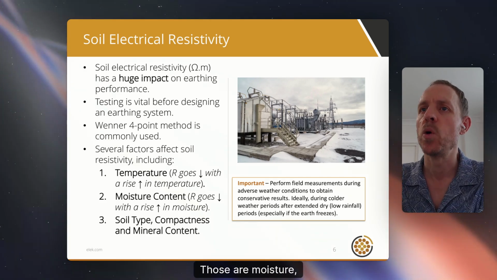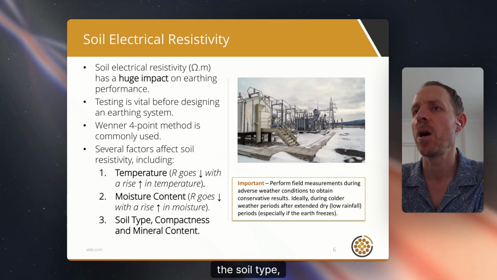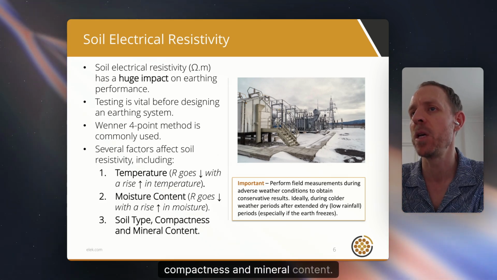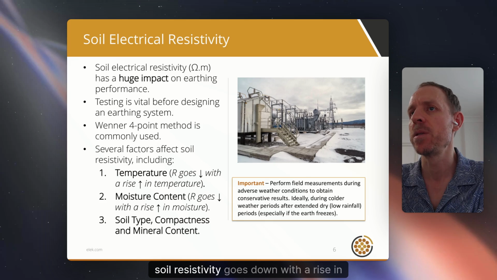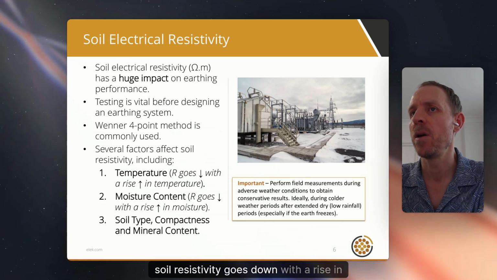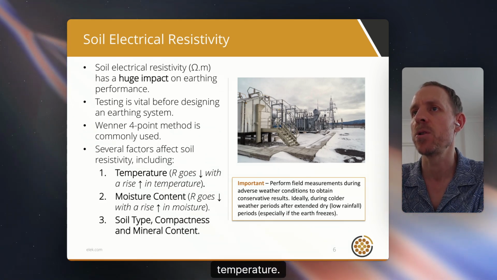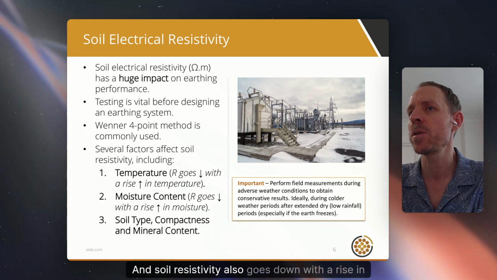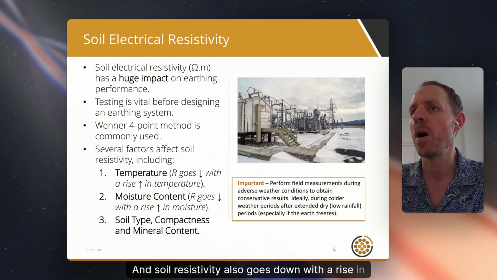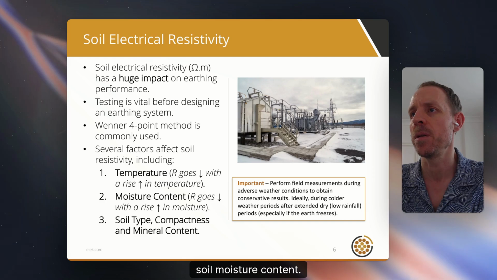Those are moisture, the soil type, compactness, and mineral content. Importantly, soil resistivity goes down with a rise in temperature. Let's remember that. And soil resistivity also goes down with a rise in soil moisture content.